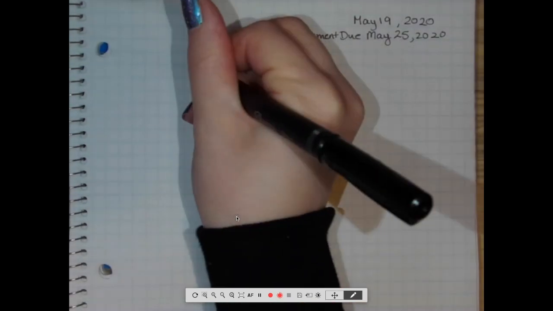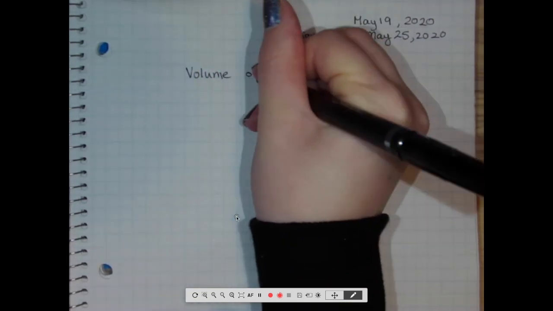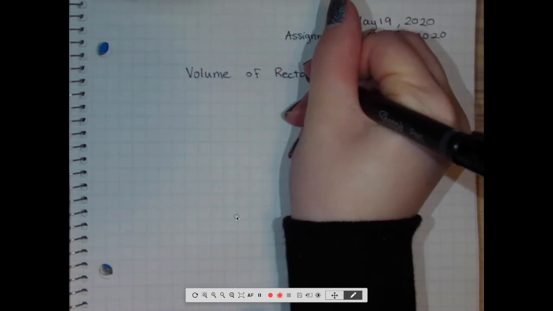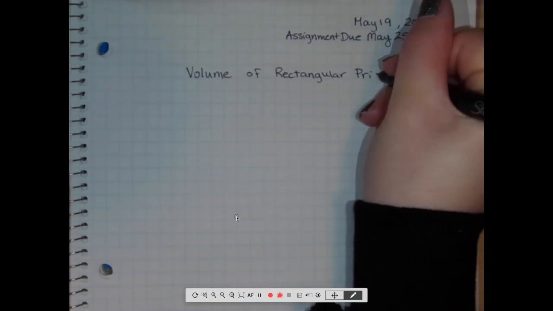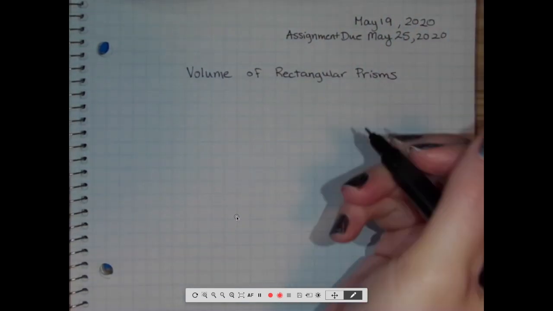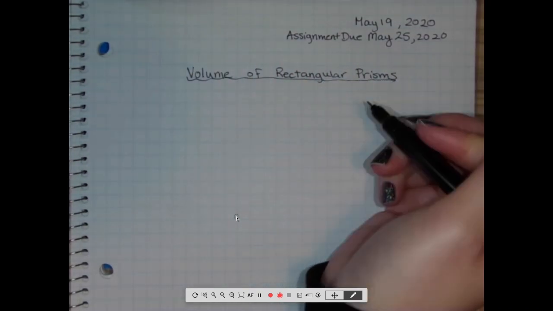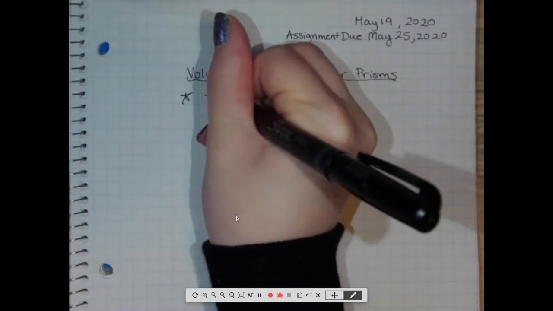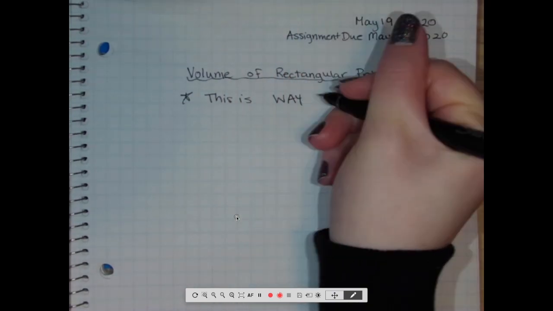So we've got volume of rectangular prisms. And don't you feel fancy when you go around talking about a rectangular prism? How fancy. Big thing. This is way easier.